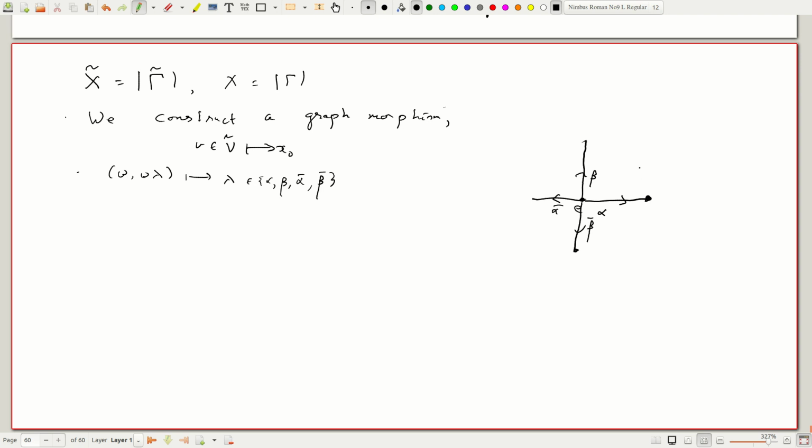And a more typical example would be something that starts at the reduced word alpha and maybe goes on to alpha alpha, or it goes on to alpha beta. Let's make this a little more symmetric, and so it goes on from here. So the reduced word is going to be, for example, alpha alpha beta, this guy. This edge will map to beta, which is just the last letter in it.